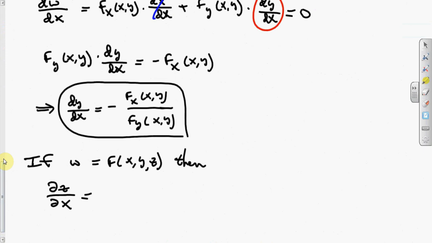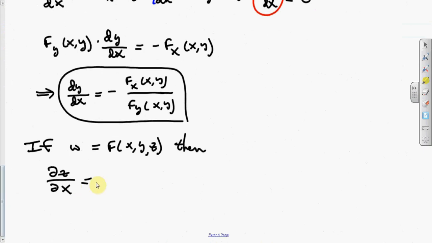Let me show you. So here the partial of z with respect to x is negative capital F sub x of x, y, z all over capital F sub z of x, y, z. You see that?